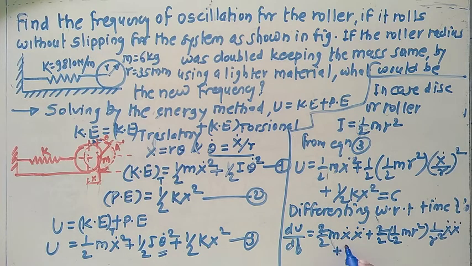Plus next, for this term the 2 comes here, 2 by 2 into k, and the derivative of x gives x into x dot, equated with 0.